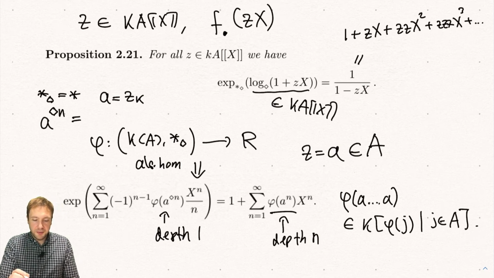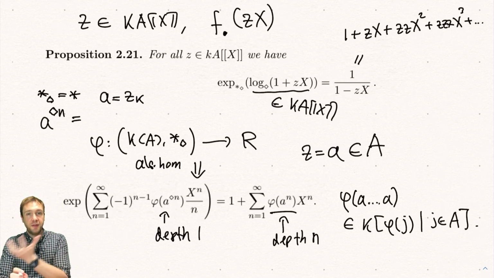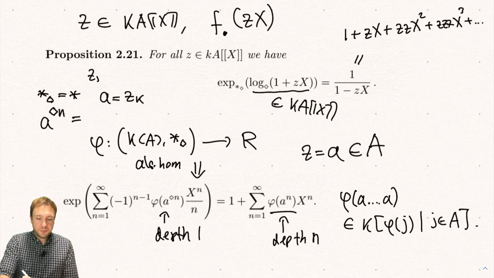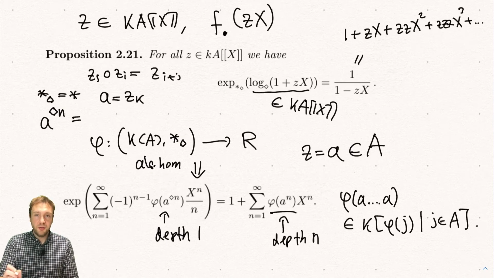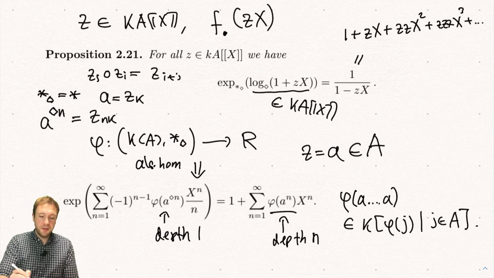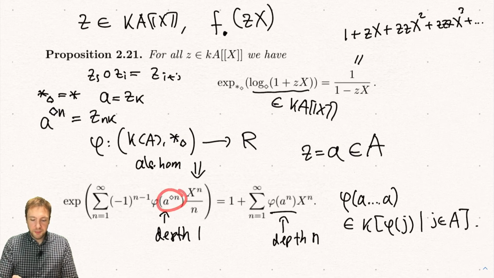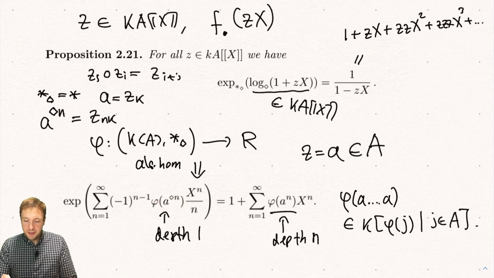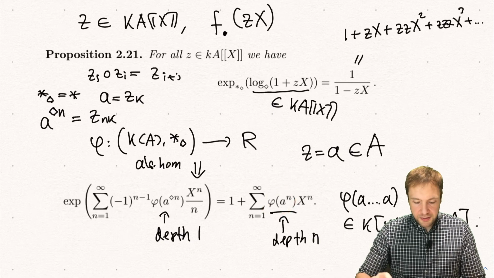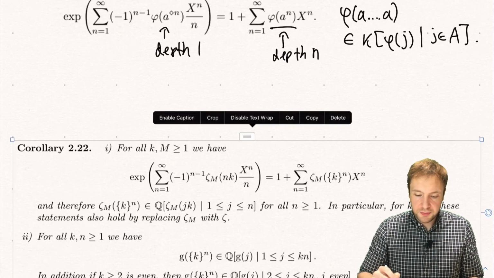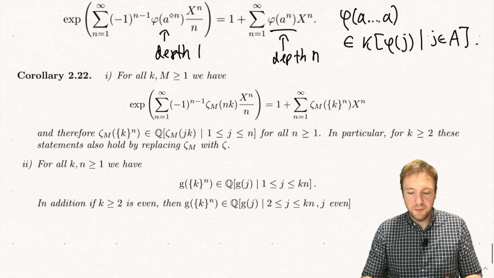Well, this just means z_k diamond z_k diamond z_k diamond, n times, but if the diamond is just the usual diamond for the Schaffer product, then this just means that this is z_{nk}. So here we would have phi of z_{nk}, and here we just have phi of a. And the consequence of this is that we get the following statement.